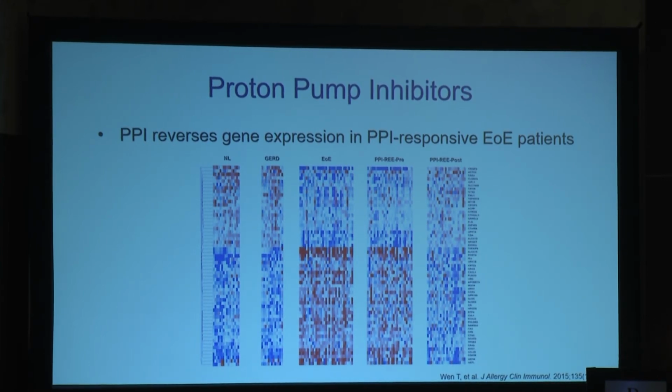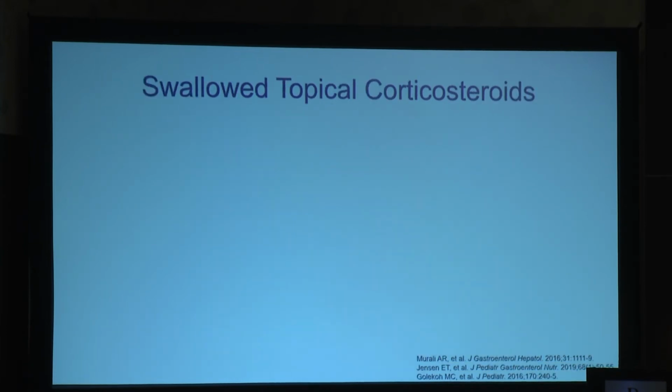If you haven't looked at something like this before, red means that the genes are upregulated, blue means that the genes are downregulated. So you can clearly see from the middle two columns that in EOE patients, they have a different gene regulation when there's active disease compared to normal patients and GERD, and PPI can reduce that or switch that up.